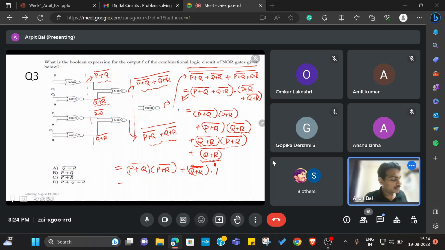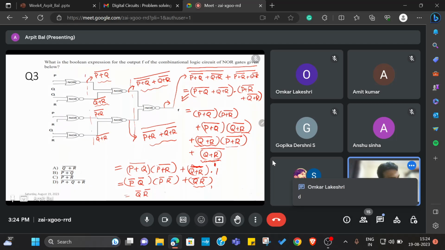Let's expand this further using De Morgan's. We will have p'·q', and this will be p'r' plus this will be q'r'. We can take q'r' common again, so this term will be 1, and we are left with q'r'.